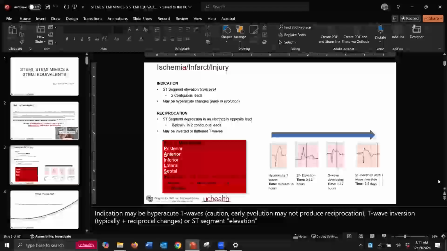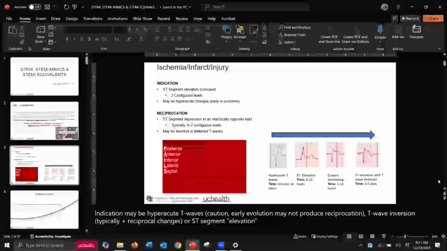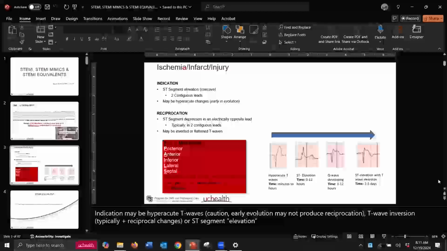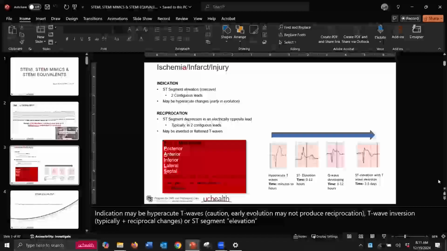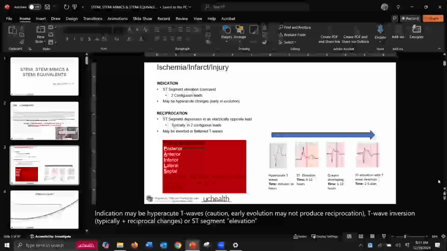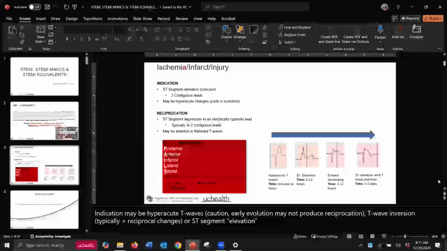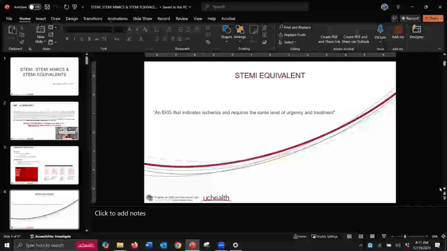So like I said, I'm going to turn this on its head a little bit. We know STEMIs, right? We're really good at pattern recognition of ST elevation MIs. What we don't have a good appreciation for is those equivalent STEMIs. So we're going to talk about those now.